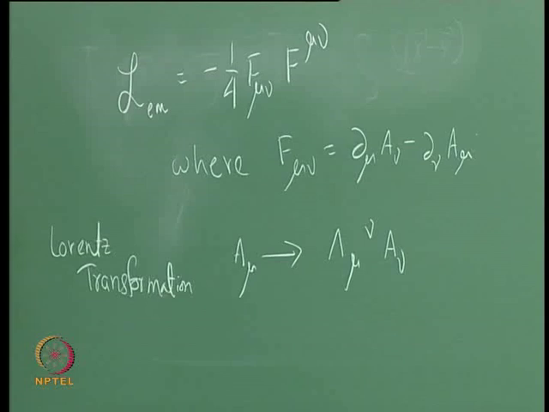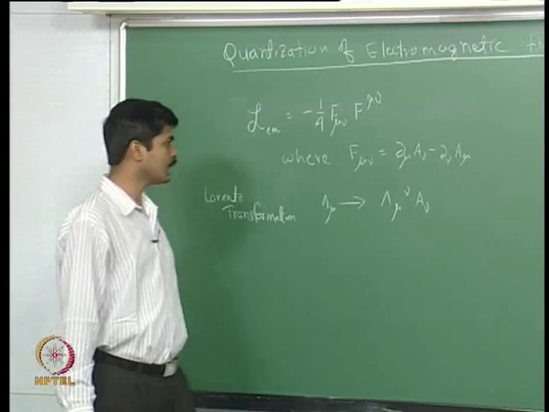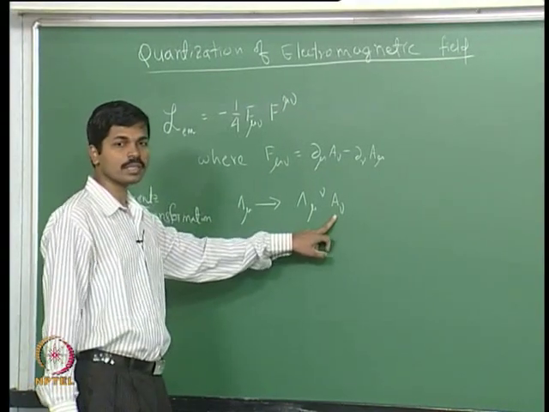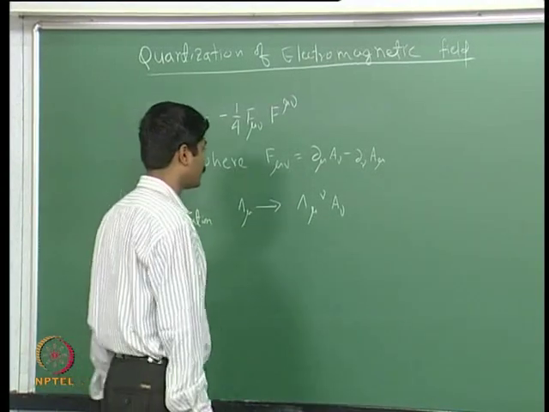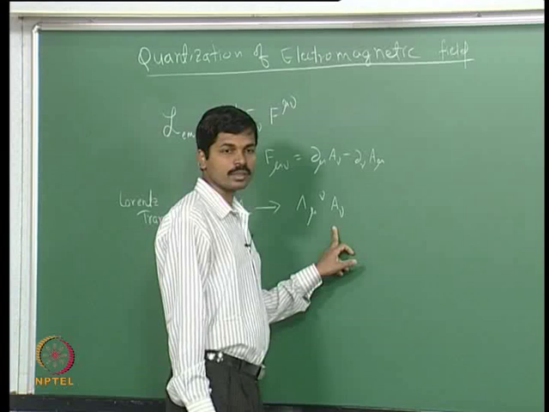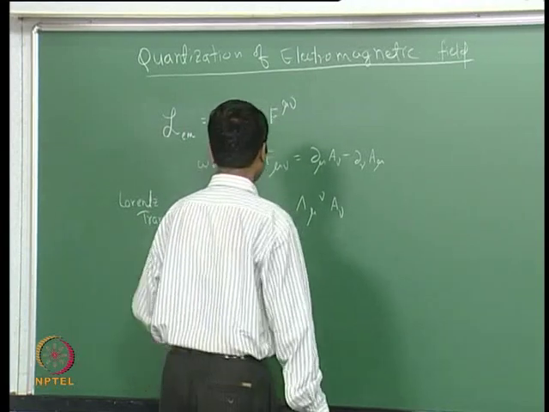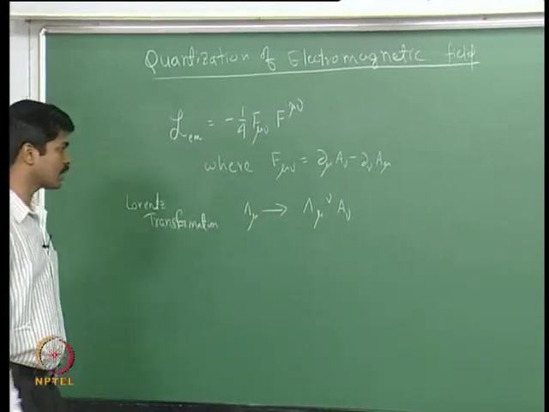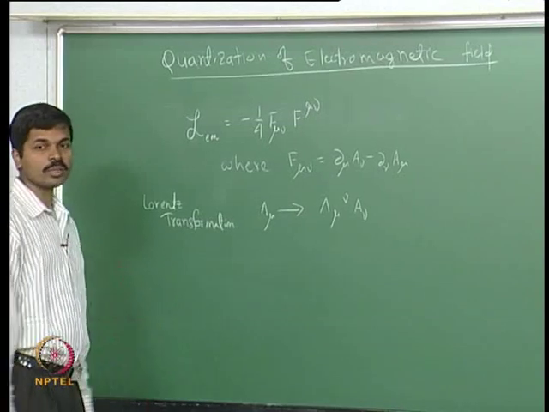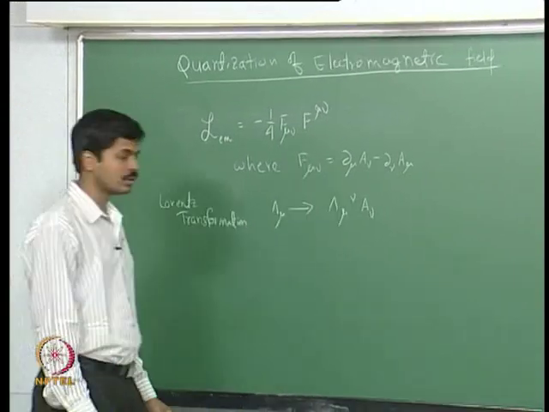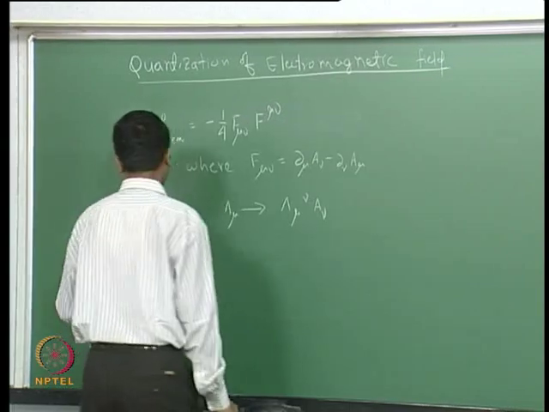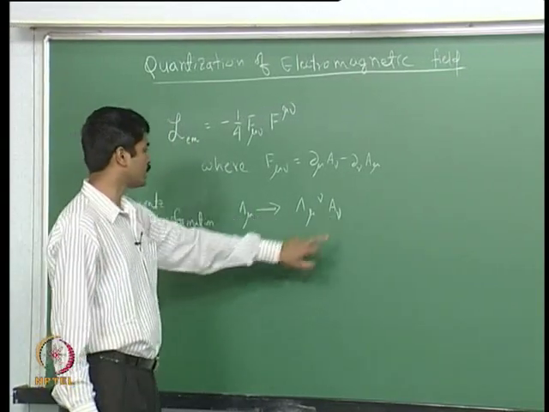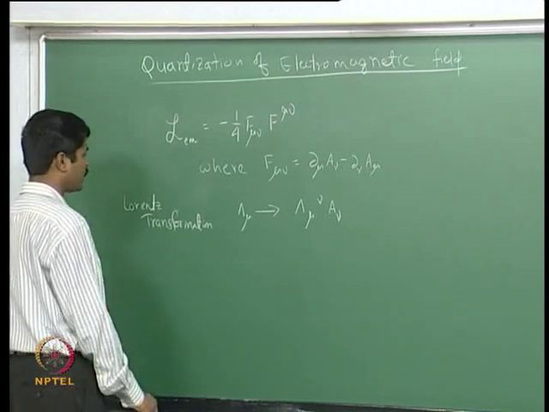That is why it is a vector field, and because it transforms non-trivially under Lorentz transformation, it has non-zero spin, and you can work out the details, and it turns out that this represents a spin 1 field. That is why we consider photons to be represented by this field.